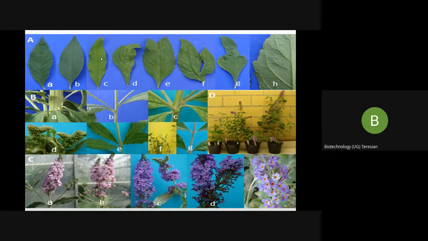From that X plant, whatever progeny I'm getting, Y and Z, they should be exactly similar to the X. Okay, that is called clonal. Genotypically, it has to be similar. And why have I selected that X plant? Because it has unique characteristics. So I want to propagate that plant. That is why I am going for somaclonal variation or vegetative propagation of that plant.